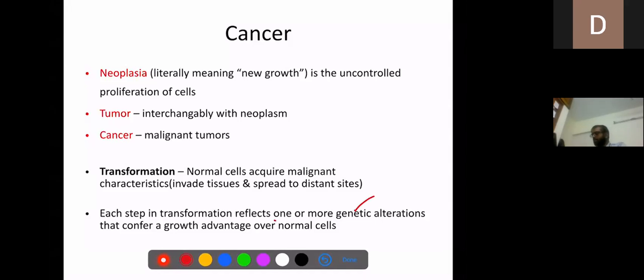Just remember this, I'll be using this concept when we study the individual molecular biologies of the cancers. It can be one genetic alteration, or more successive genetic alterations of the tumor suppressor genes or oncogenes, which will confer a growth advantage to the normal cell. I put this slide just to refresh some old terms, since more people will join by then.